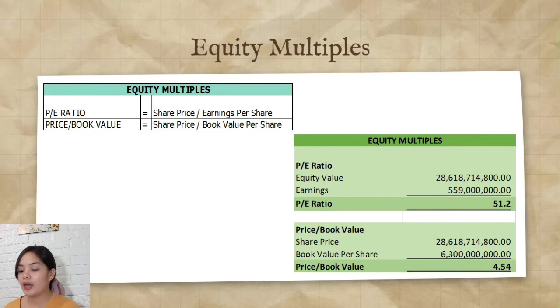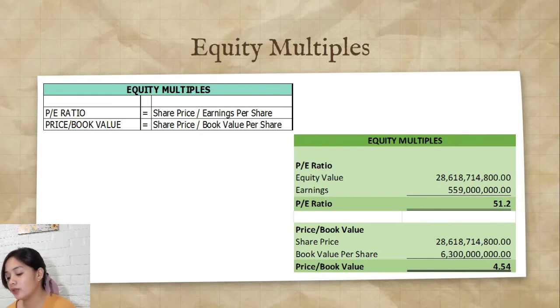Next is our price to book value. Here we are going to use the formula of market capitalization divided by our book value, since in our case the book value per share is also not given. So we have the market capitalization of 28,618,714,800 divided by our book value.